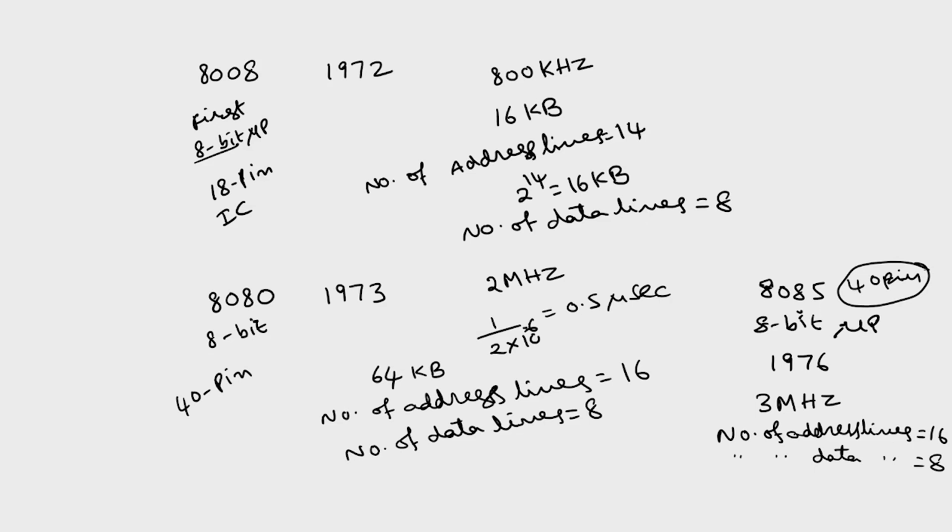Then Intel's first 16-bit microprocessor is 8086. So, in this course, we are going to concentrate on 8086. This is Intel's first 16-bit microprocessor.